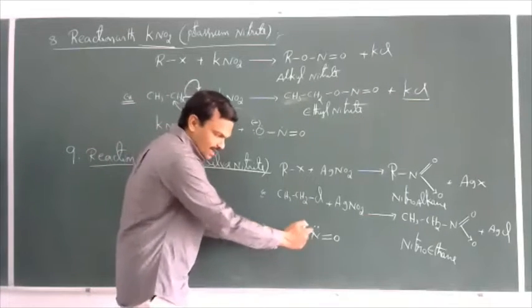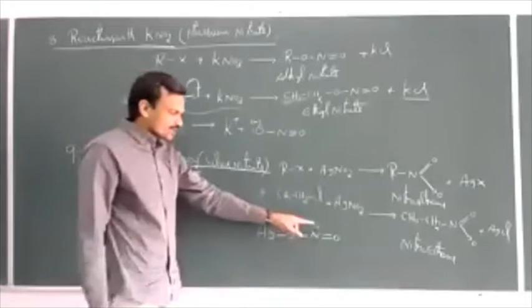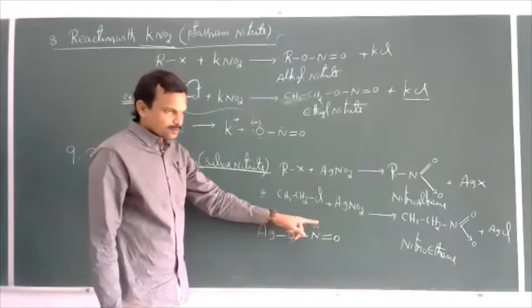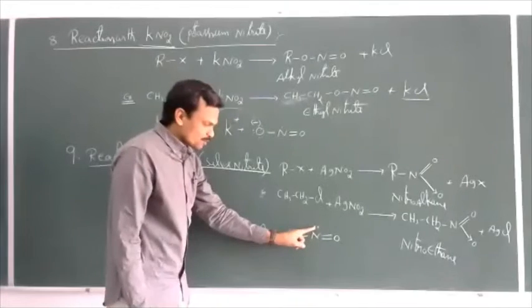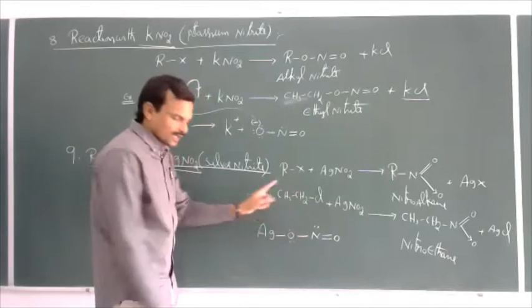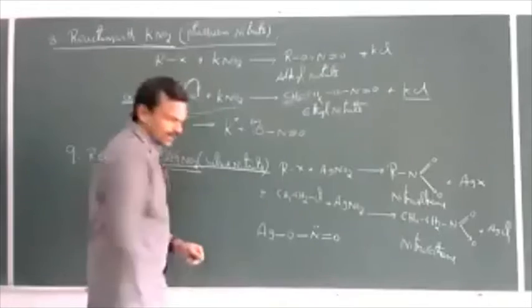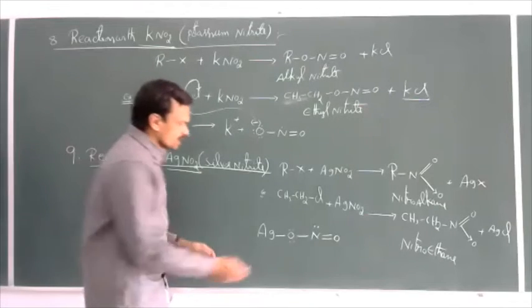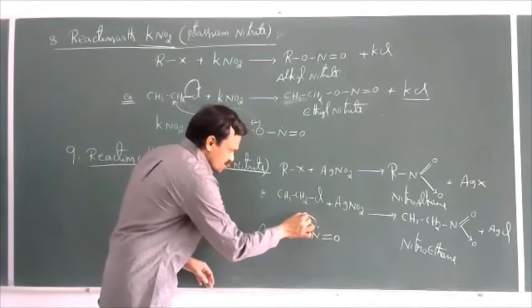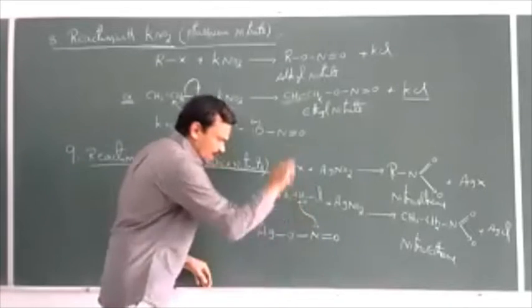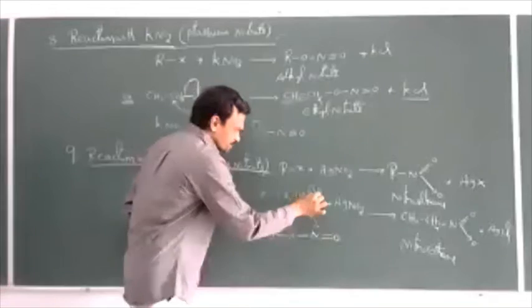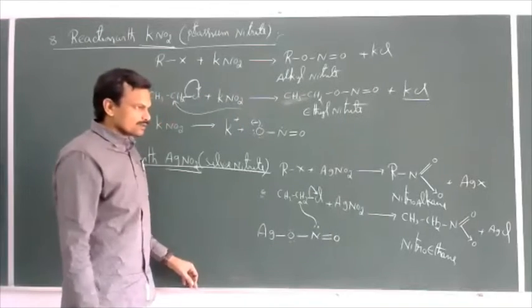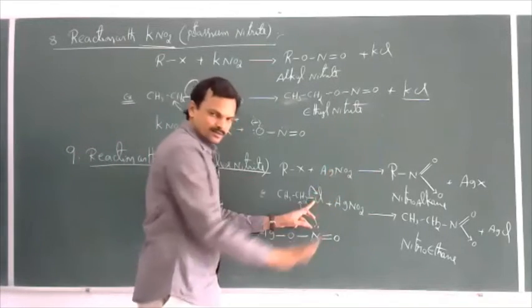Among oxygen and nitrogen, nitrogen can donate a lone pair of electrons easily because the electronegativity of nitrogen is less. So it has more tendency to donate an electron pair compared to oxygen. So here, nitrogen donates a lone pair of electrons to carbon. Then this electron pair is gained by chlorine, and Cl minus gets separated.